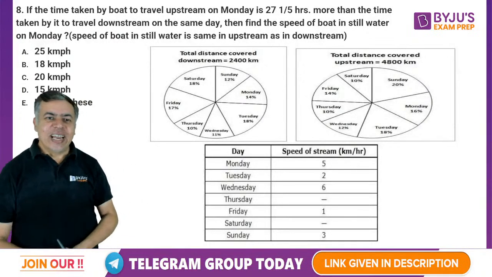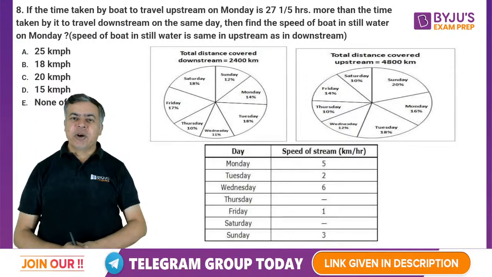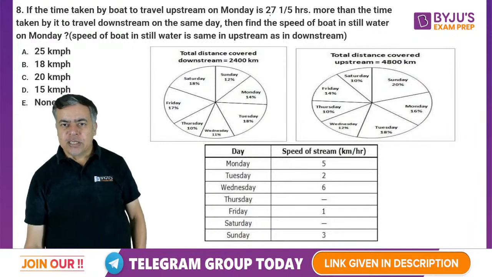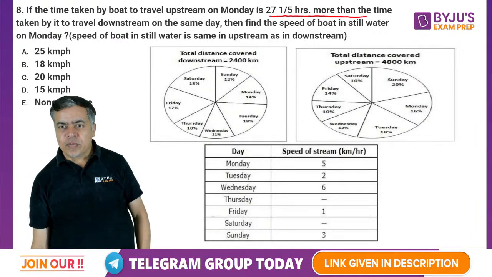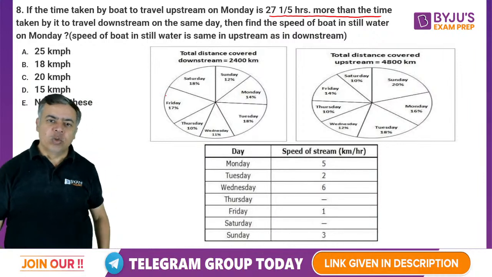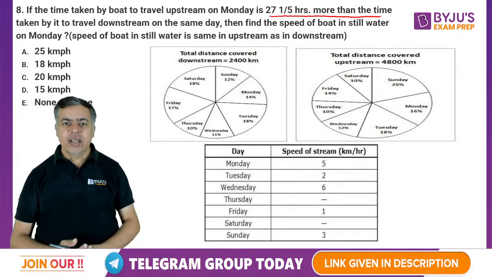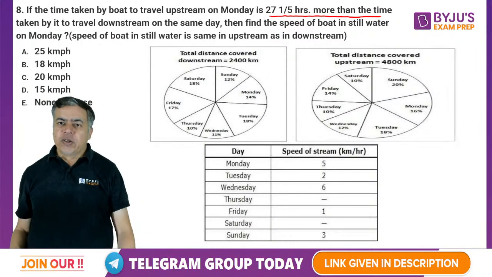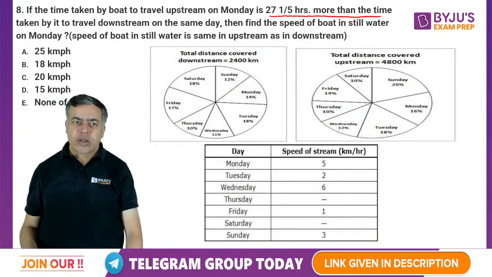If the time taken by the boat to travel upstream on Monday is 27 1 by 5 hours more than the time taken to travel downstream on the same day, find the speed of the boat in still water on Monday. Okay, let's see.